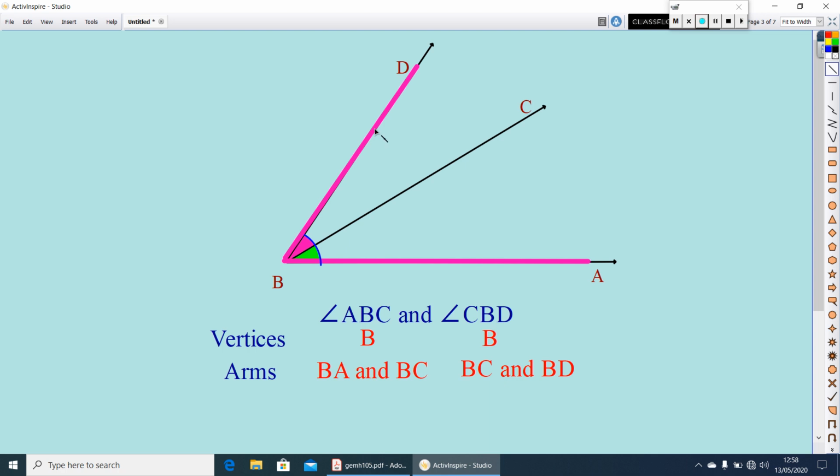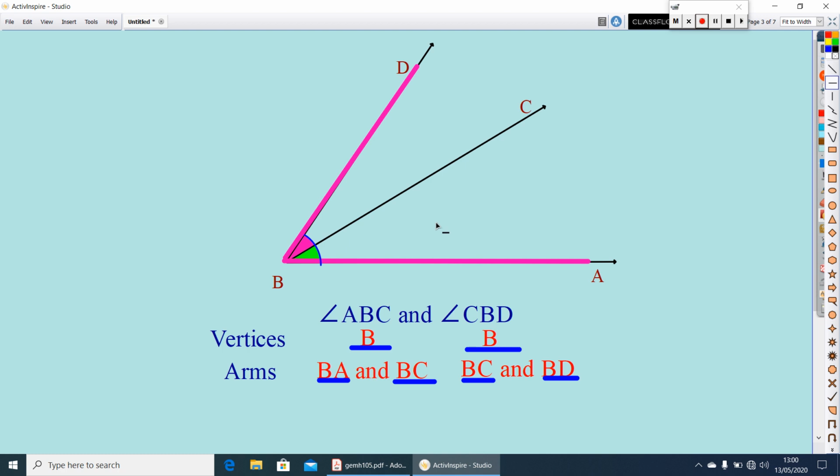That means one is on this side, another on the opposite side of the common arm. That is, this pair of angles has a common vertex and a common arm, and one more condition: the non-common arms are on either side of the common arm.